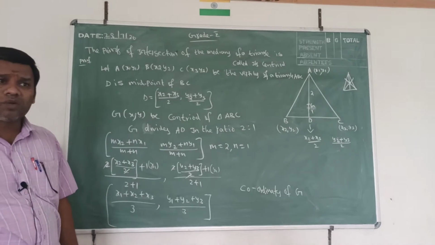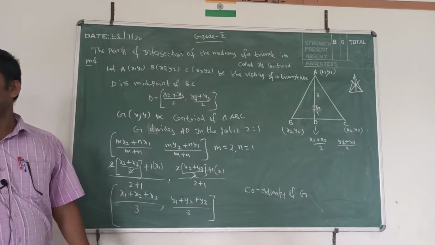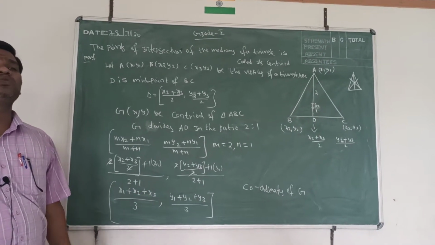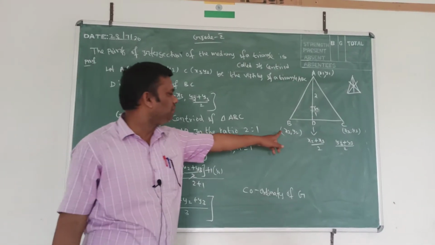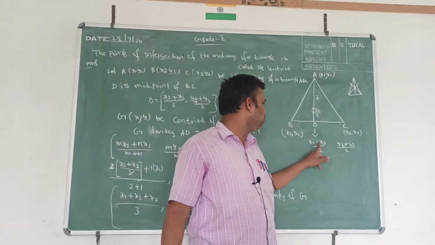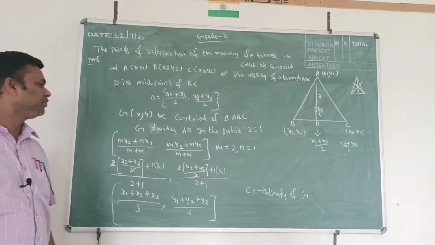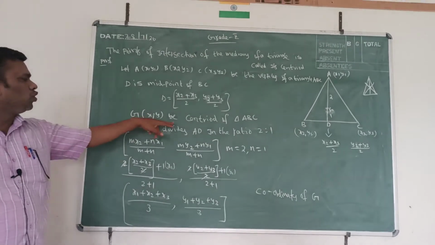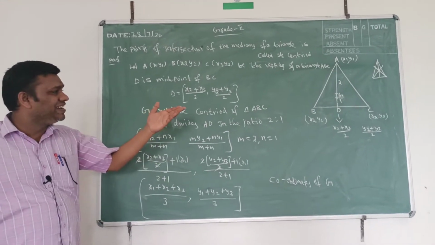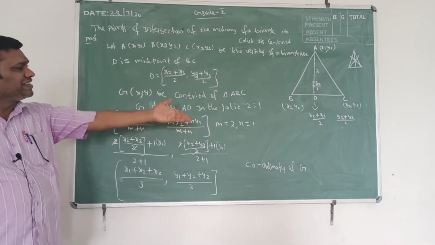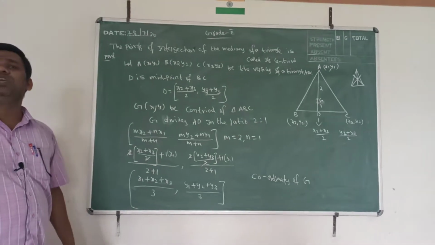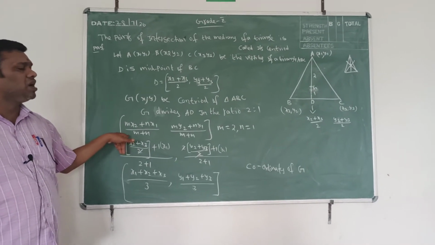What is the midpoint formula? Just now we learned (x1 + x2)/2, (y1 + y2)/2. So here D is ((x2 + x3)/2, (y2 + y3)/2). Now G divides AD in the ratio 2:1. So what is the formula?